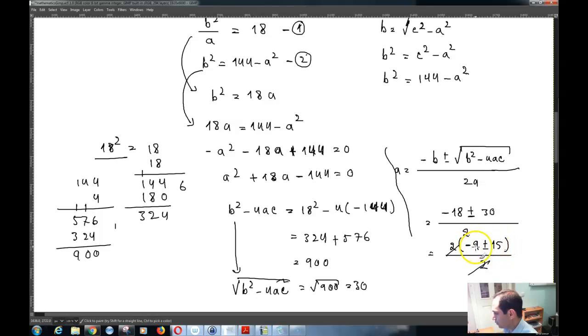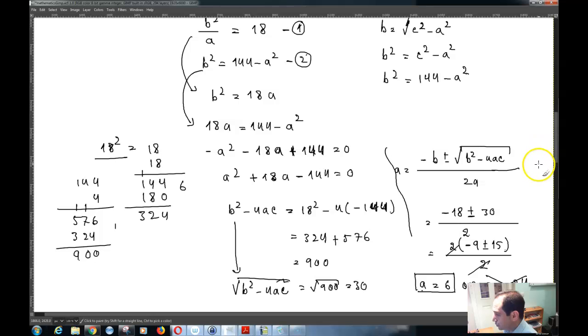Now 15 minus 9 is equal to 6, so that's a is equal to 6, or negative 15 minus 9 is equal to negative 24, I'm sorry. A is equal to negative 24. So this number is not acceptable because it's a negative number, but a is equal to 6 here.